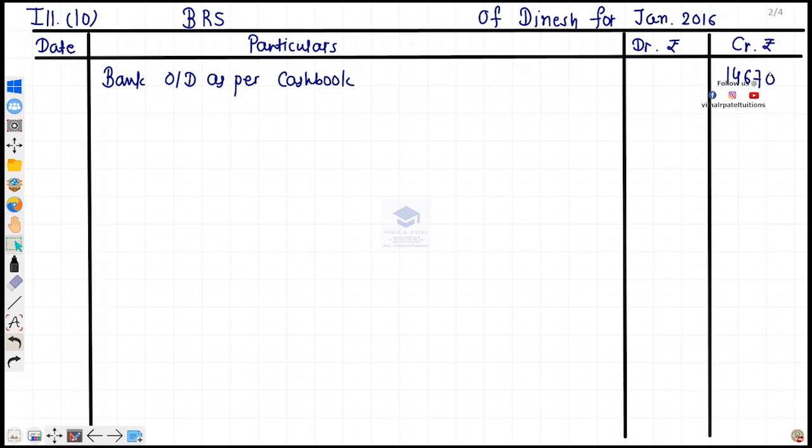And closing balance in passbook also is minus, so that is overdraft, debit balance. So you will find an answer. $37,410.